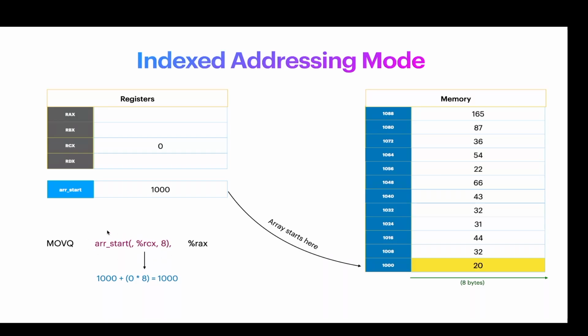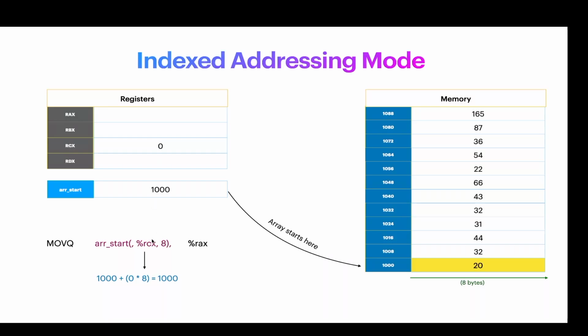So what this means is go to this array start location, which is 1000. And then inside the parenthesis, RCX keeps track of the index. Index times, this is called scale. Scale is how wide your data is. Index times scale, and whatever that value is, that's added to get the resultant address that you have to move the data from.